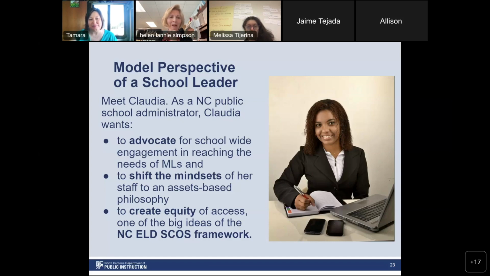We wanted to use a model school leader because we thought we'd build on the concept of Nina as a model student with model language. So we thought, let's think about what a model school leader would look like in terms of MLs. Melissa, it would be so nice for school leaders to prioritize the needs of MLs and shift mindsets.